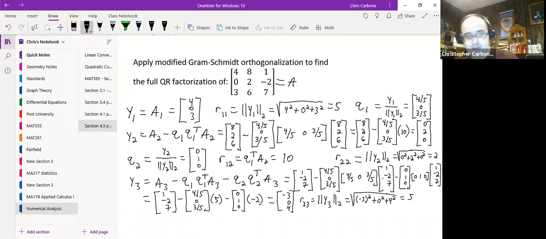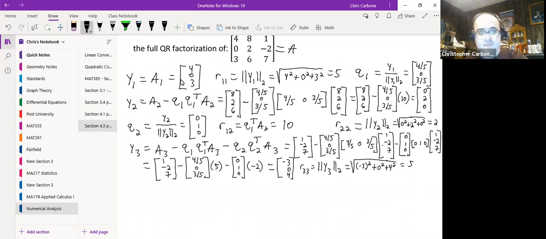Again, let me just give myself a slight bit more room to finish writing this. Okay. Then from that, we can find the value of q sub 3, excuse me, Q sub 3 to be y sub 3 divided by the norm of y sub 3.